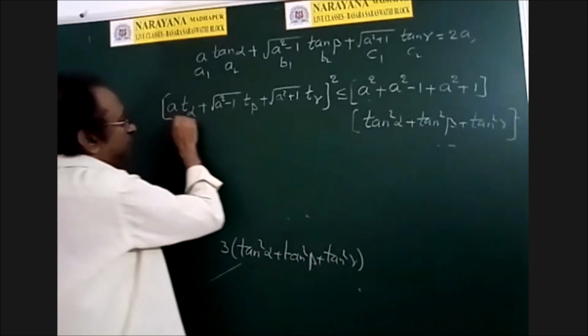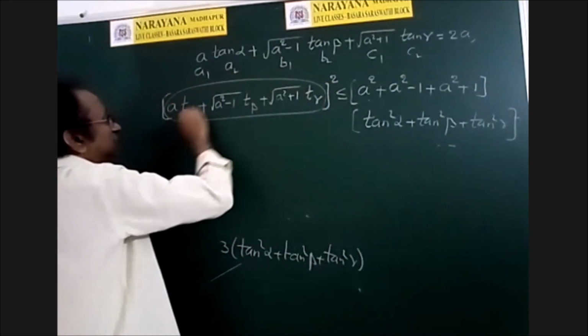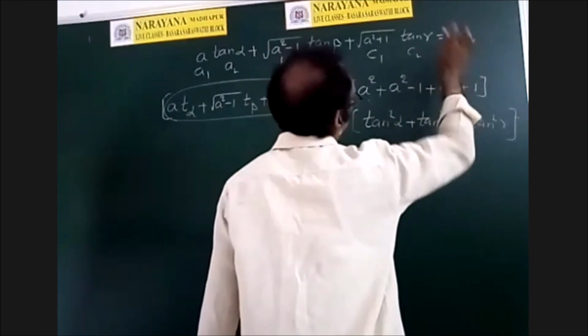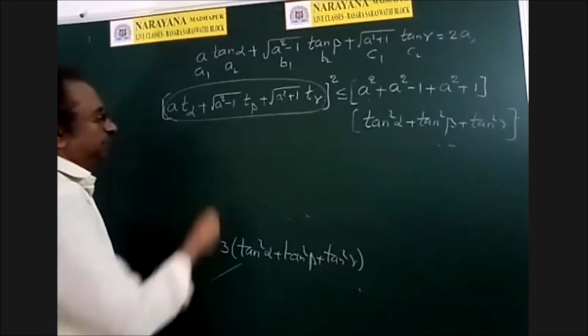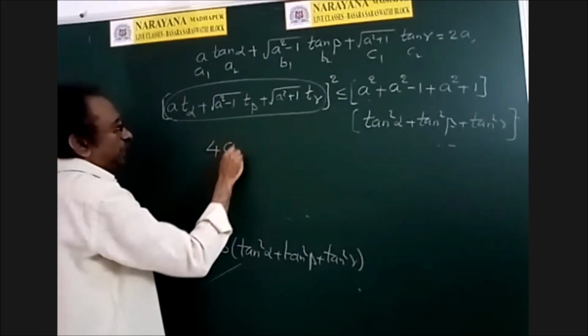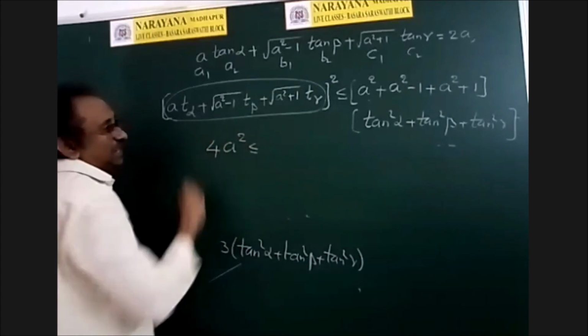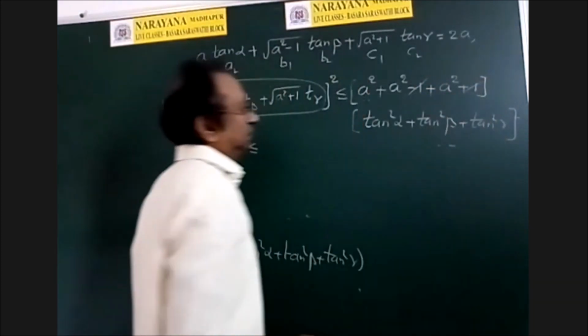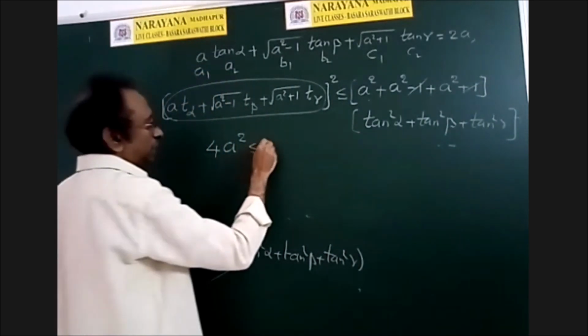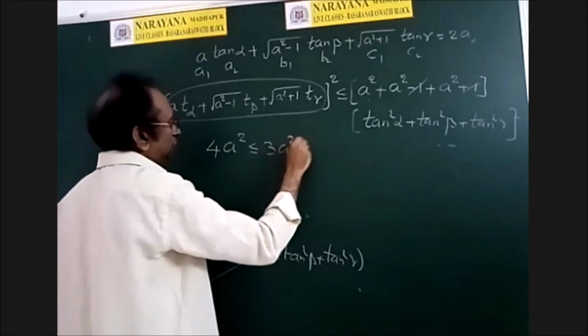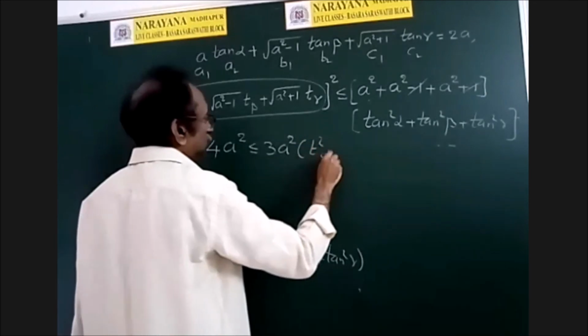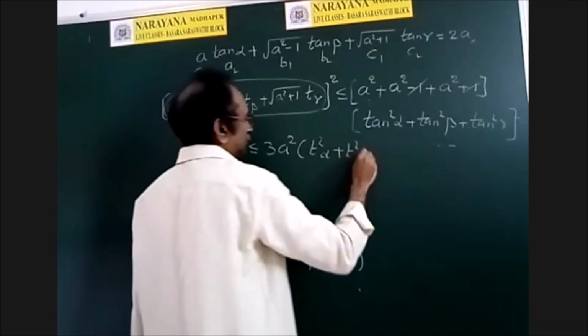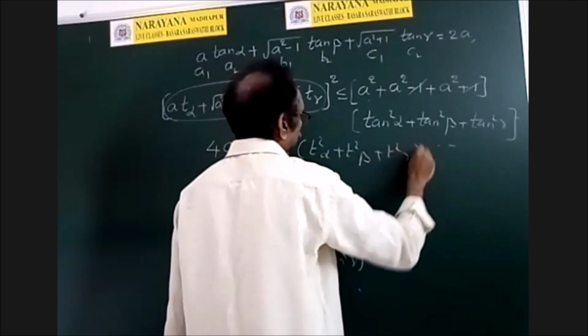And this expression is given as 2a. So substitute: 2a whole square, 4a square, is less than or equal to, here minus 1 plus 1 cancel, you will get 3a square into tan square alpha plus tan square beta plus tan square gamma.